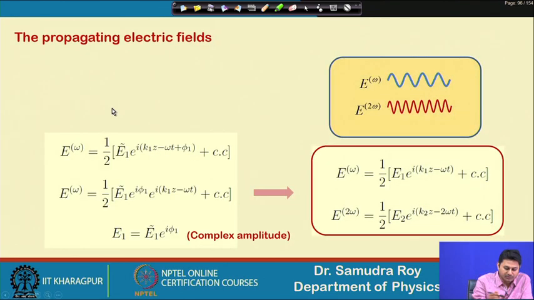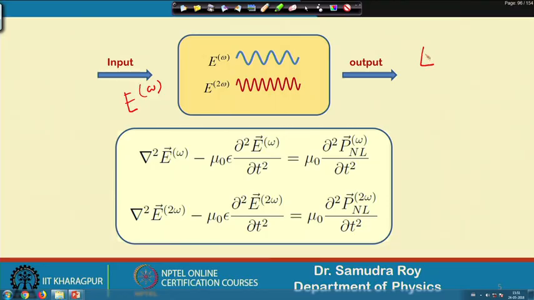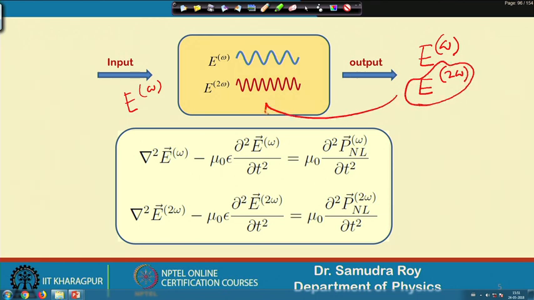If I launch electric field E of omega, and I consider only the second harmonic generation, then inside this system a second harmonic field will be generated. So, in the output obviously we will have E of omega and E of 2 omega.